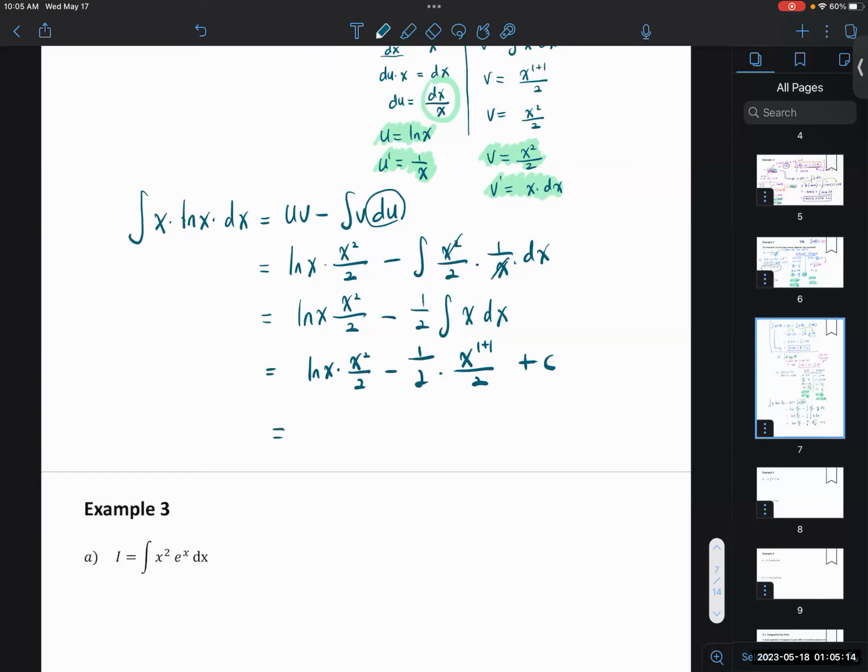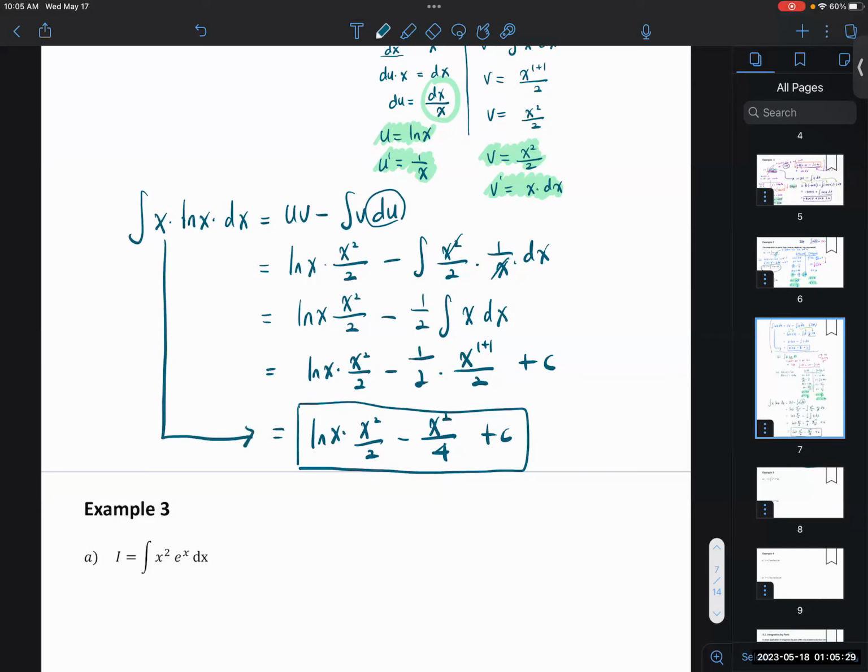Finally, ln x times x squared over 2, minus 1 over 2 times 1 over 2 is 1 over 4, so x squared over 4, plus c. Yes, this is your final answer.